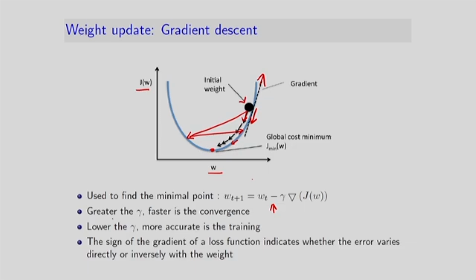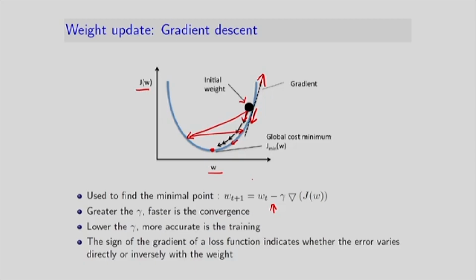If I consider gamma very high, then the convergence will be faster, but it may not be accurate. But if I consider a lower gamma, then I will get more accurate convergence during the training, but it will take time. So that is the concept of the gradient descent algorithm.